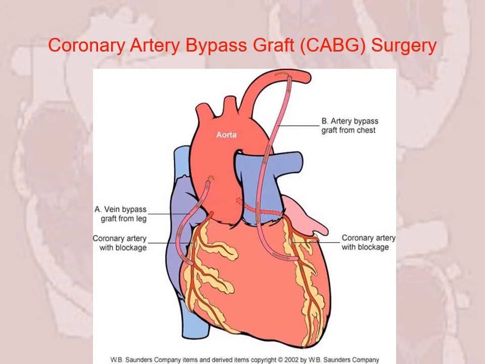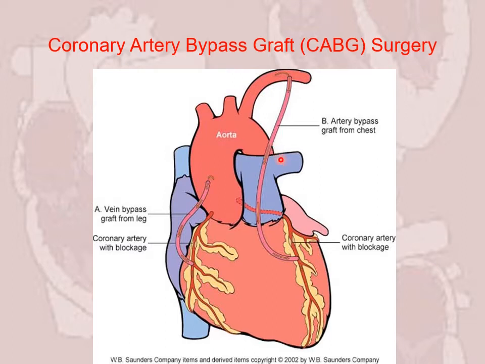This is a coronary artery bypass graft showing you how they go about this in some cases. This is a vein taken from a leg, and it takes from the aorta and goes below the point of the blockage. The blood originally is going from the aorta to this part of the heart here, and this bypasses the blockage completely. So it's a really nice way of restoring blood flow.